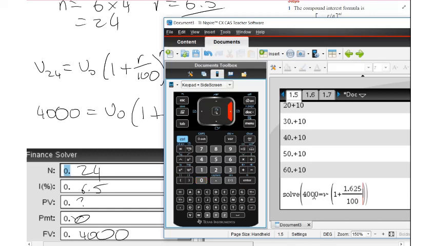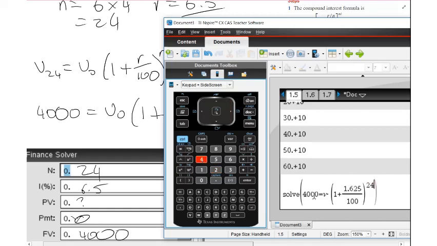And I want to go outside that initial bracket and go up to 24. Then I want to come down because I want to go comma. And my comma here will be V because I'm solving for V. I'm after that V there, so I type V and then I press enter.